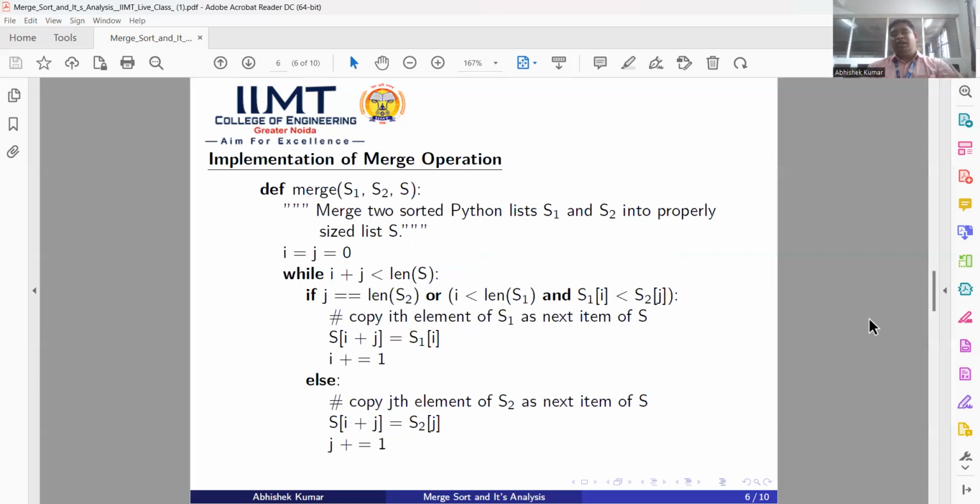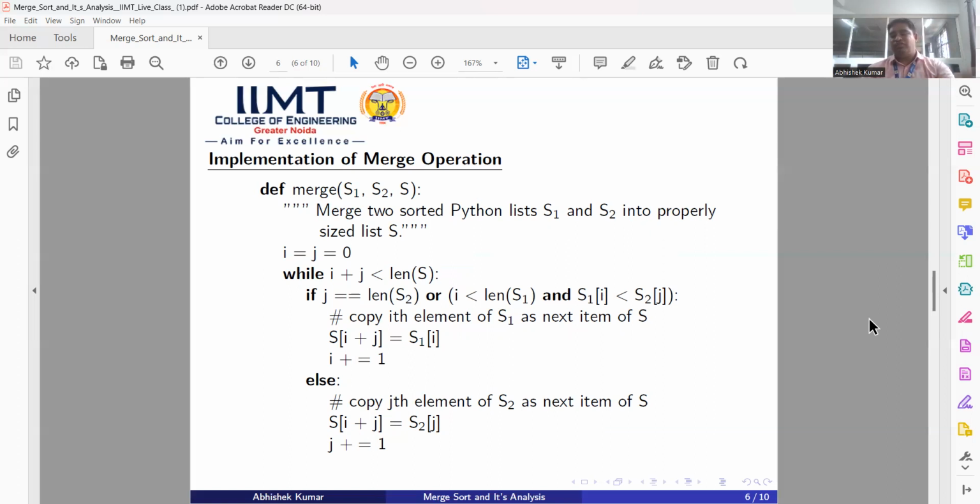In the case of merge operations, we are defining one function. That function name is merge, and it takes two different subsequences, S1 and S2, and merges them into one sequence, that is S. This is very simple.